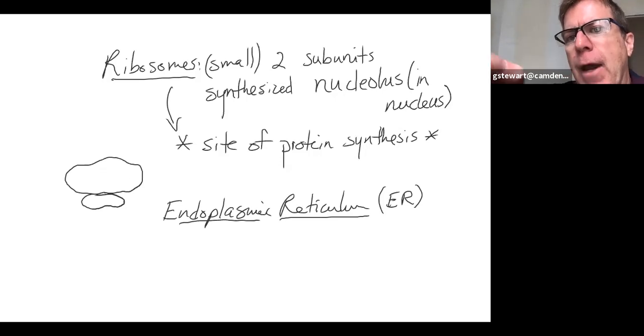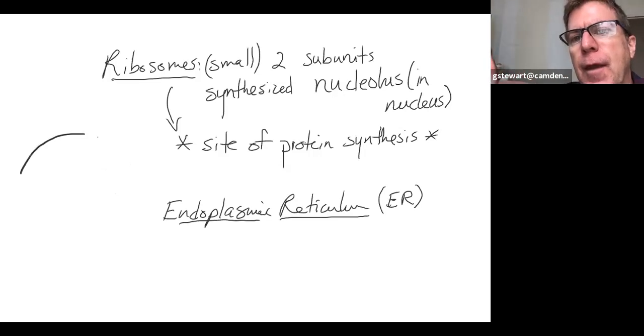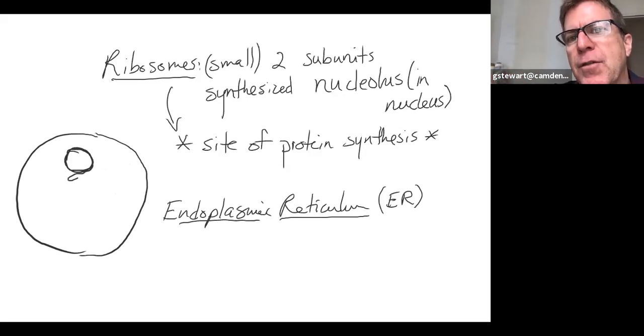So let me get rid of my ribosome over here, and I'm going to draw a cell. If this is an entire cell, and this is the nucleus of the cell, the endoplasmic reticulum is just this folded membrane that sort of comes off of the nuclear envelope like this. So it's always associated with the nucleus in a way, physically.